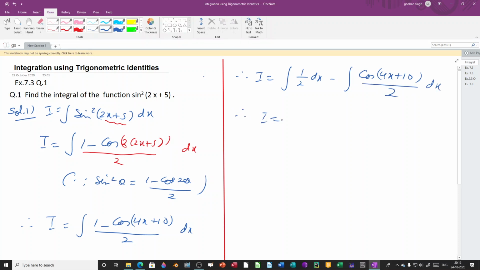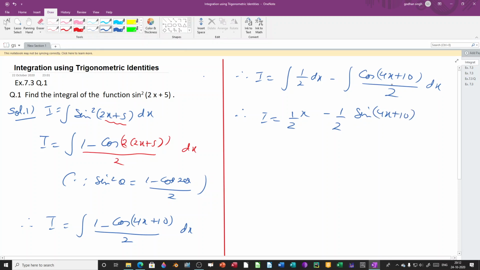Therefore, the integral of half is half x, or x by 2, minus, and here half is constant, and the integral of cos is sine, so sine 4x plus 10.